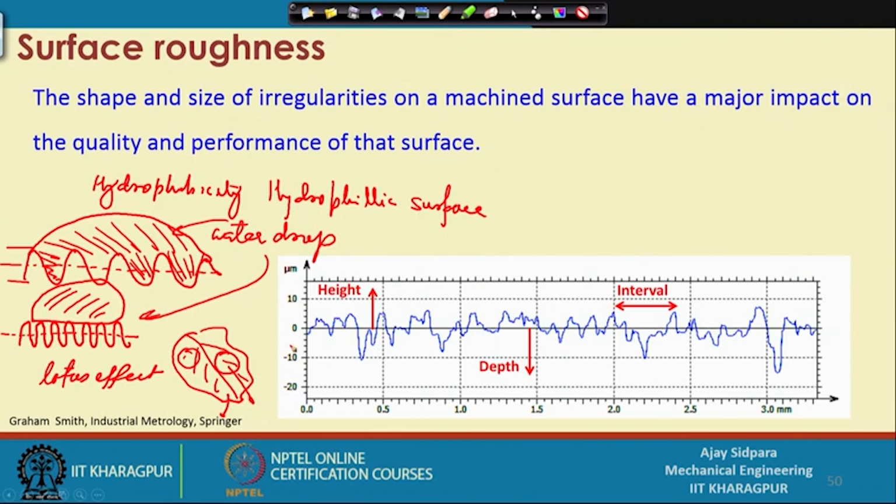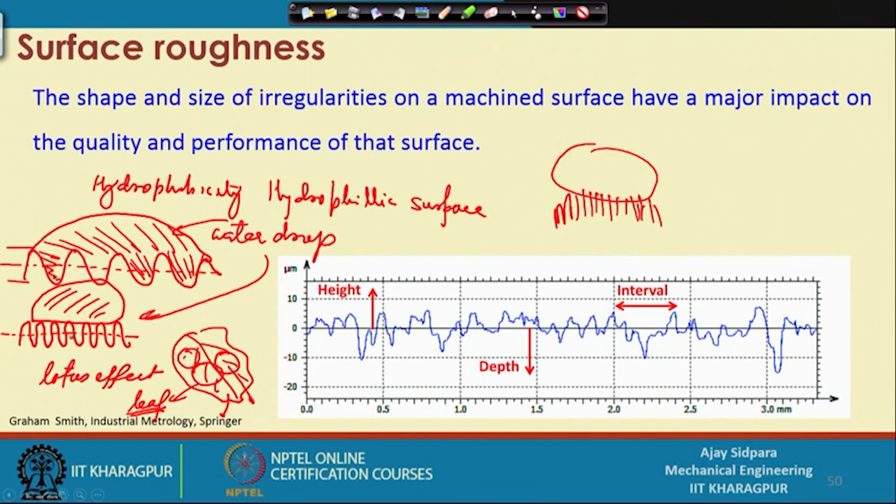Why is it like that? Because if you magnify the profile of this leaf, then on the leaf profile there are a lot of small fibers projected from the surface, and they will actually levitate the whole drop of water, and it will not spread on the top surface, right.